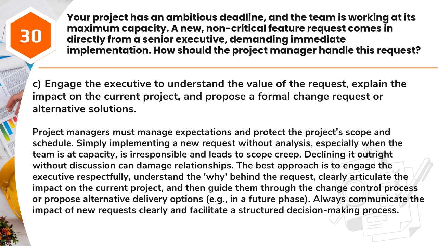Declining it outright without discussion can damage relationships. The best approach is to engage the executive respectfully, understand the why behind the request, clearly articulate the impact on the current project, and then guide them through the change control process or propose alternative delivery options, e.g., in a future phase. Always communicate the impact of new requests clearly and facilitate a structured decision-making process.